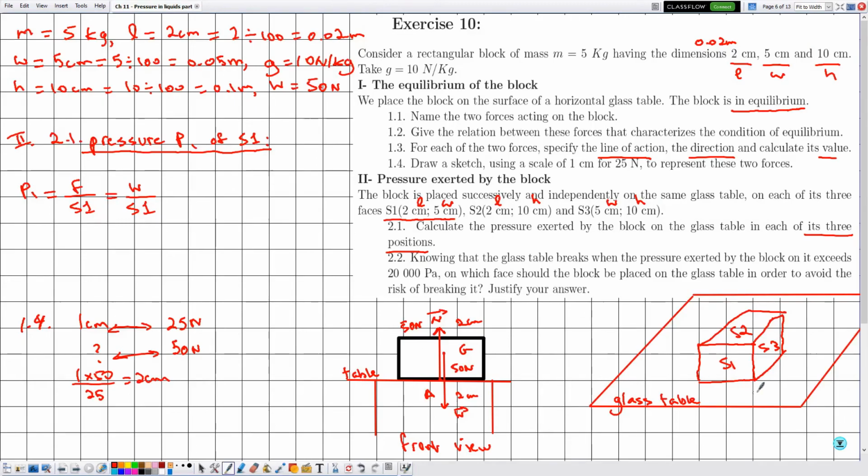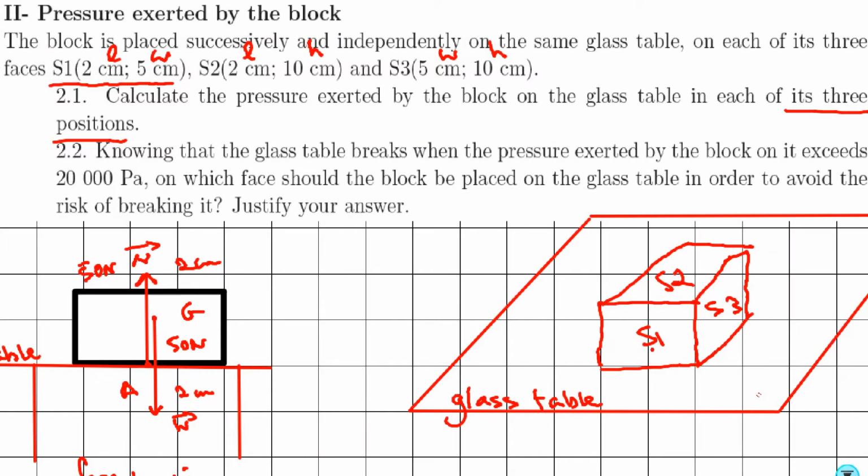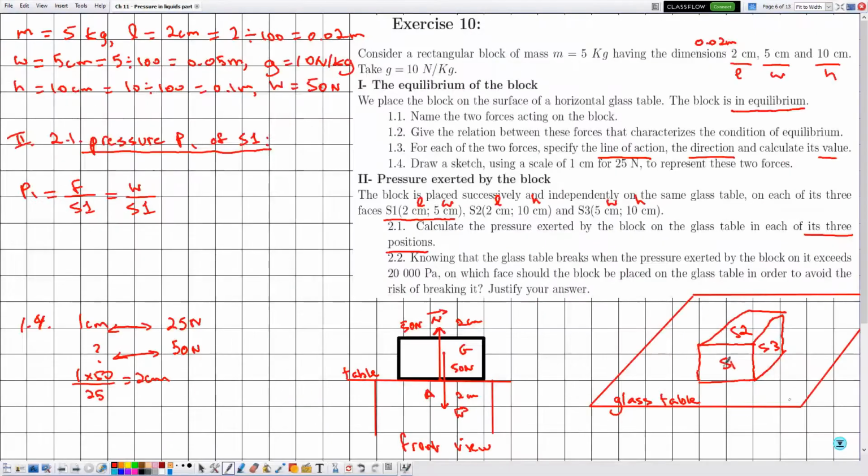Notice that the surface area S1 is a rectangle. So what are the dimensions of S1? S1 is given by 2 centimeters and 5 centimeters. So let's say that this is the 2 centimeters, and this is 5 centimeters.